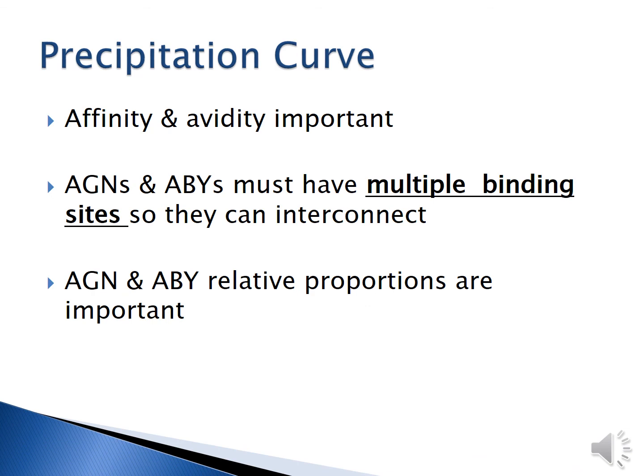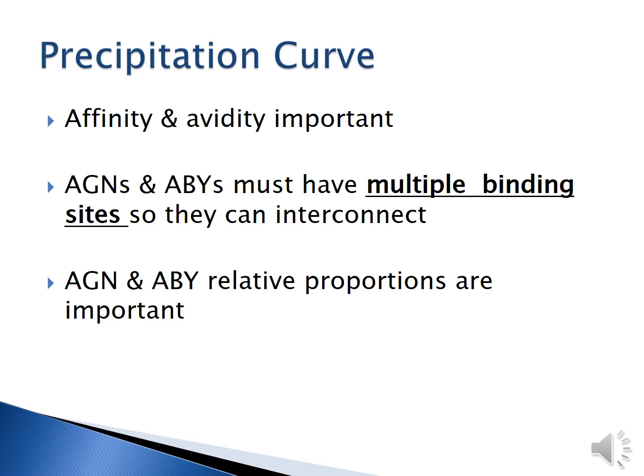So the precipitation curve, just like the agglutination curve, has the same properties. We want affinity and avidity in precipitation reactions, and we also want our antigens and antibodies to have multiple binding sites so they can interconnect and show us this ring of precipitation that we are looking for.